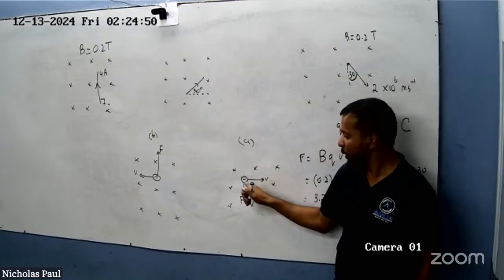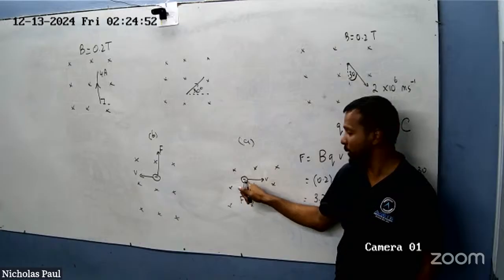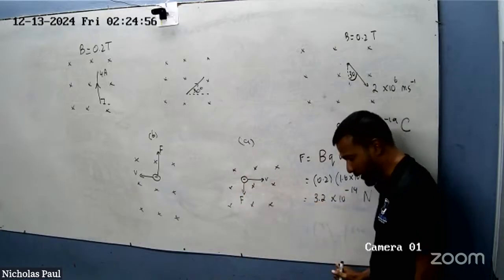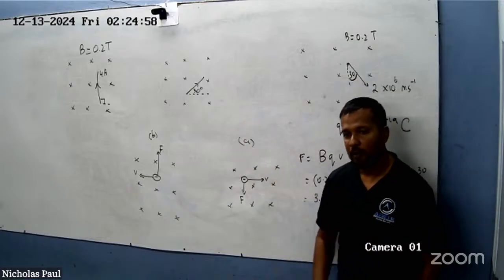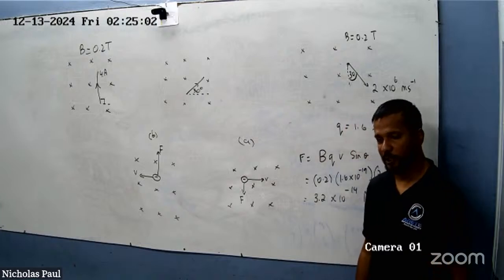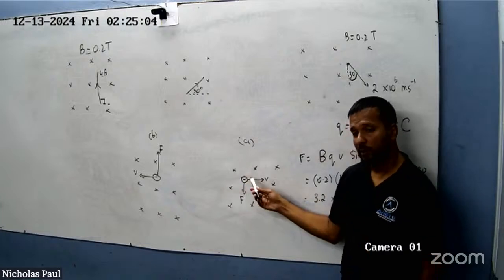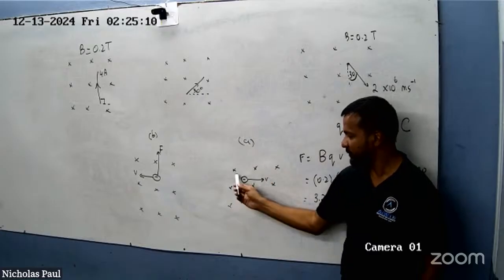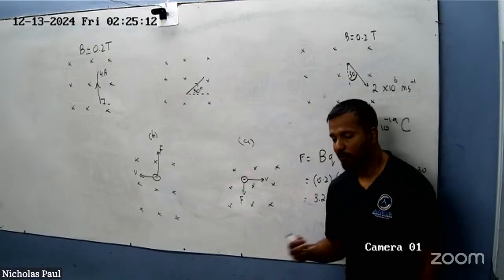Would it be a straight line? Would it be a curve? Would it be diagonal? Same conditions here. It's moving in with a velocity v in a magnetic field with this direction.